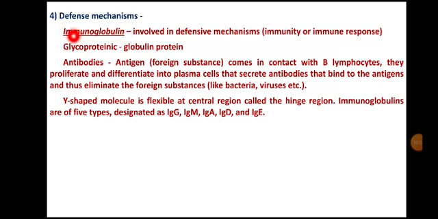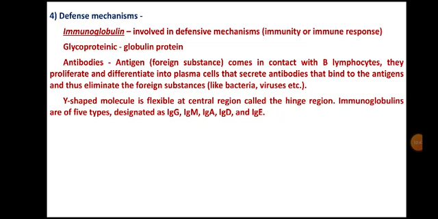This means that all immunoglobulins which are produced in the body may not function as antibodies. That statement is very important: all antibodies are immunoglobulinic in nature, but all immunoglobulins may not act as antibodies. That means they may not be involved in neutralization of antigens.